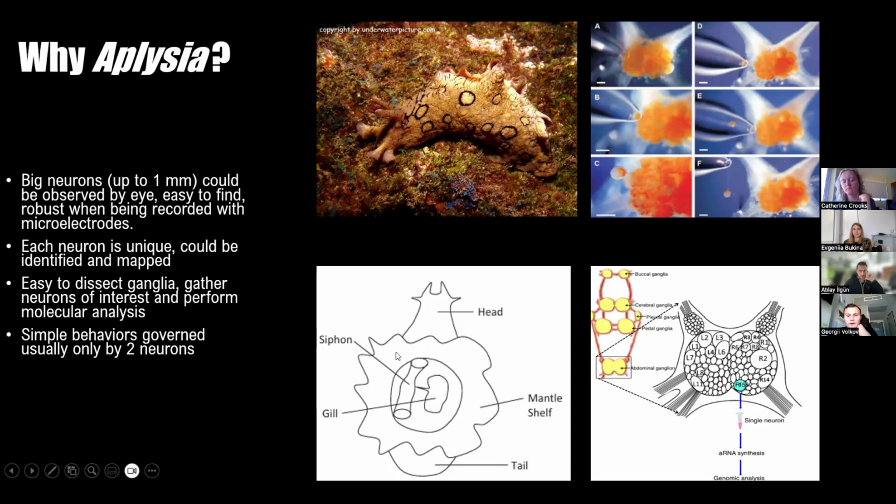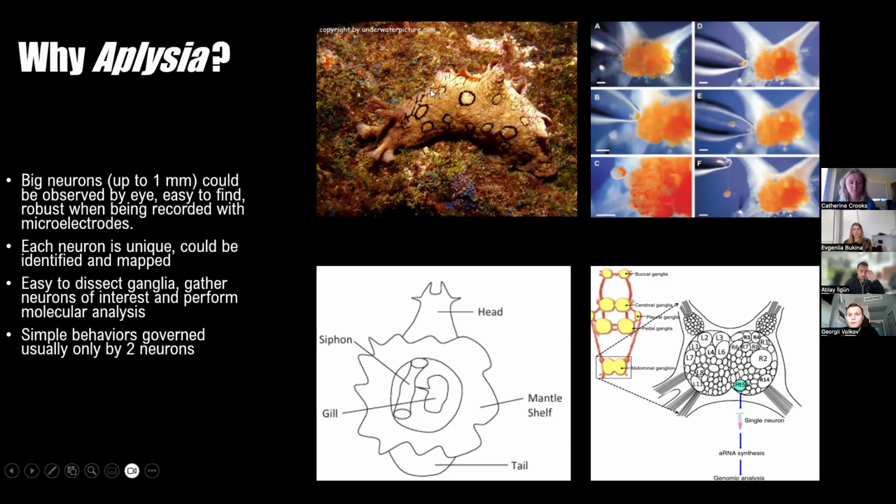The gill and the siphon, usually in these species, are covered with a big fold, the so-called mantle. One of the important types of behavior of these mollusks is the withdrawal of the gill and the covering of the gill and the siphon by the mantle, to protect it from damage by rocks and, for example, from damage that can be caused by the animals that hunt them.